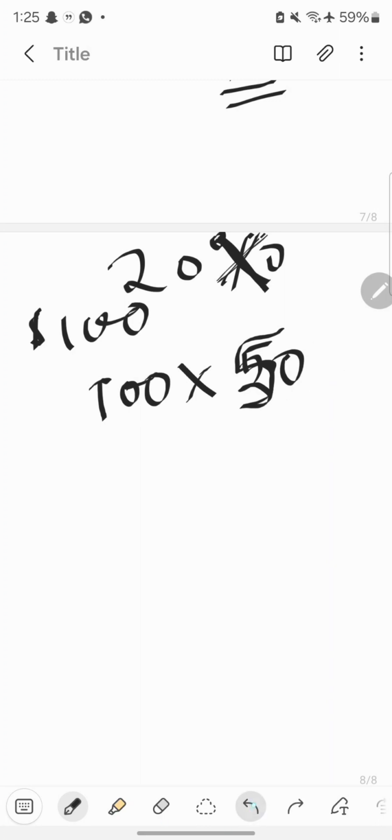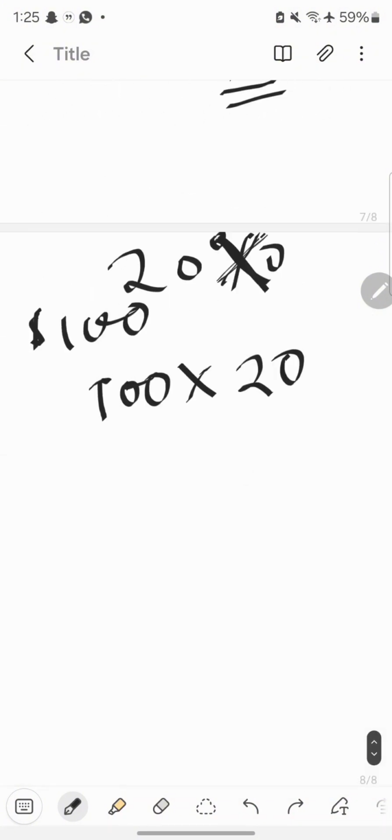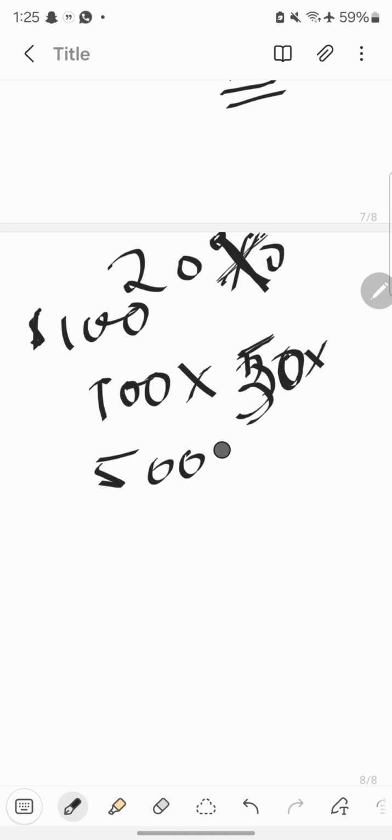Now if we use 50x, that means we have a trading capital of $5,000. We have a trading capital of what? $5,000. So we are going to stake 10% of it, or let's use 15%, say you want to risk more and you are using higher leverage.